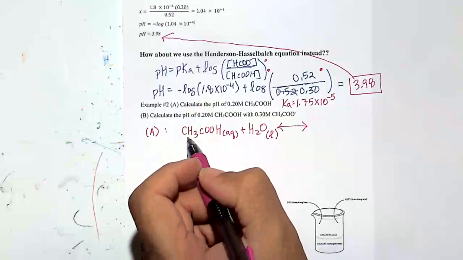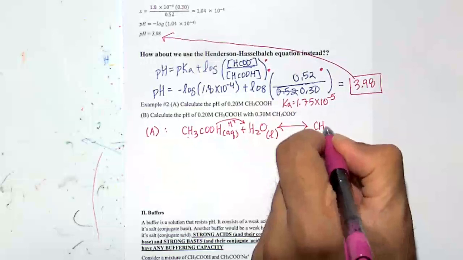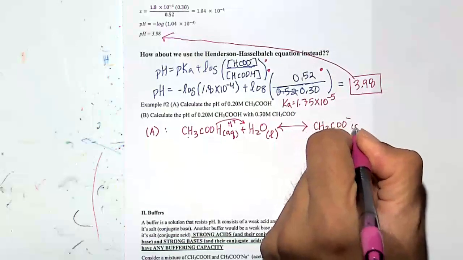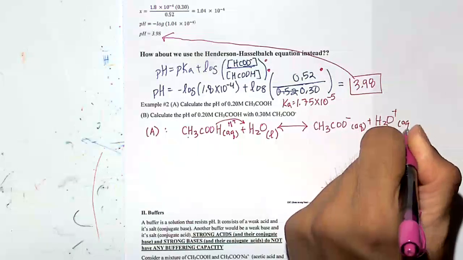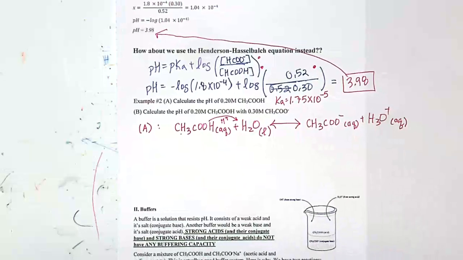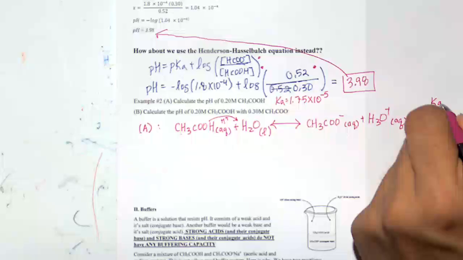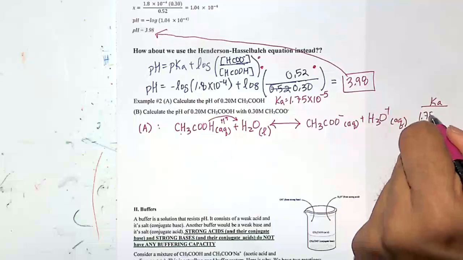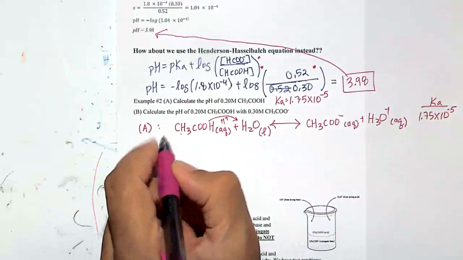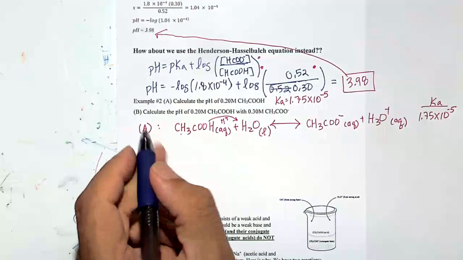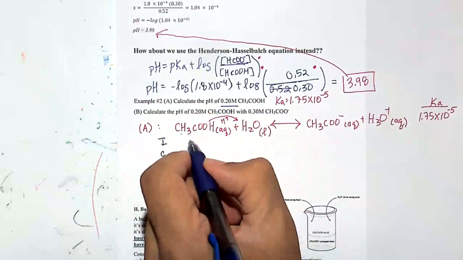This will donate a proton. What's next? Start your ice table. Very good. So we have 0.2 molar.